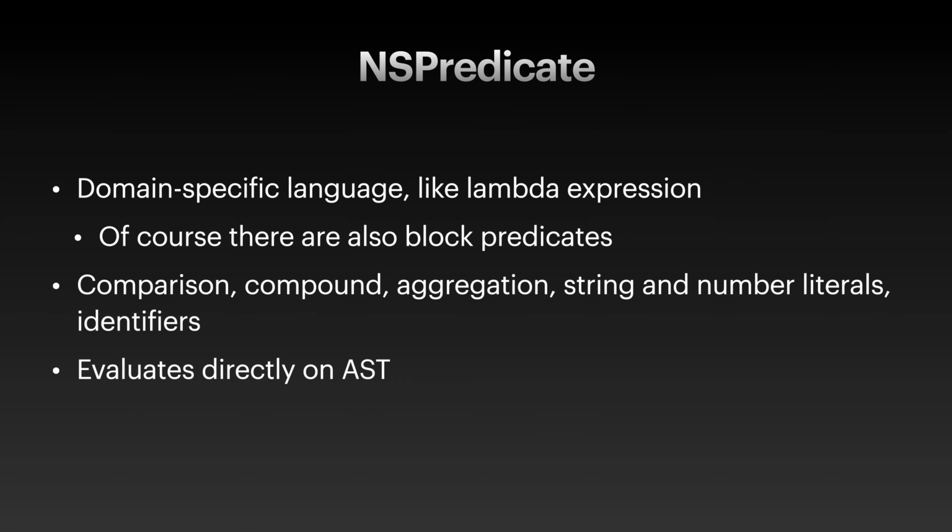Talking about lambda expressions, there is another first-class citizen in Objective-C named block. You can easily tell the difference: predicate is based on a format string, while blocks are compiled to machine code.